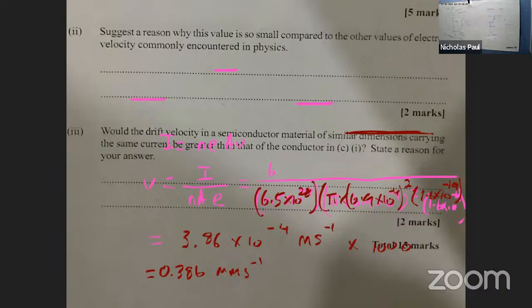The question is not done. Suggest a reason why this value is so small compared with the other values of electron velocity encountered in physics. Because this value was 3.86 by 10 to the minus 4. That was small.